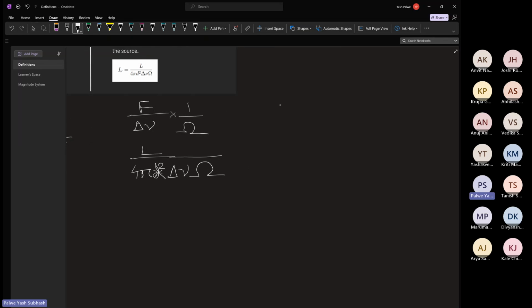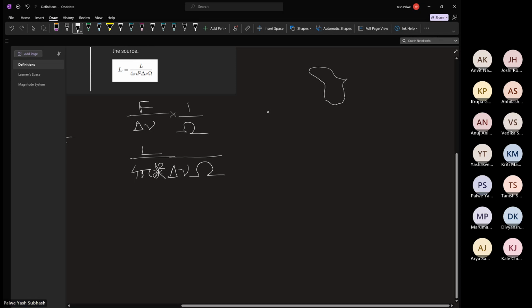If someone doesn't remember, it's basically if you have a point and you have a certain area. Now, each area is at a particular distance from the point, let's say R. So, what you have to do is, this is the differential relation for a certain differential area, and you integrate it over the whole area, and you'll find the solid angle subtended by this area.